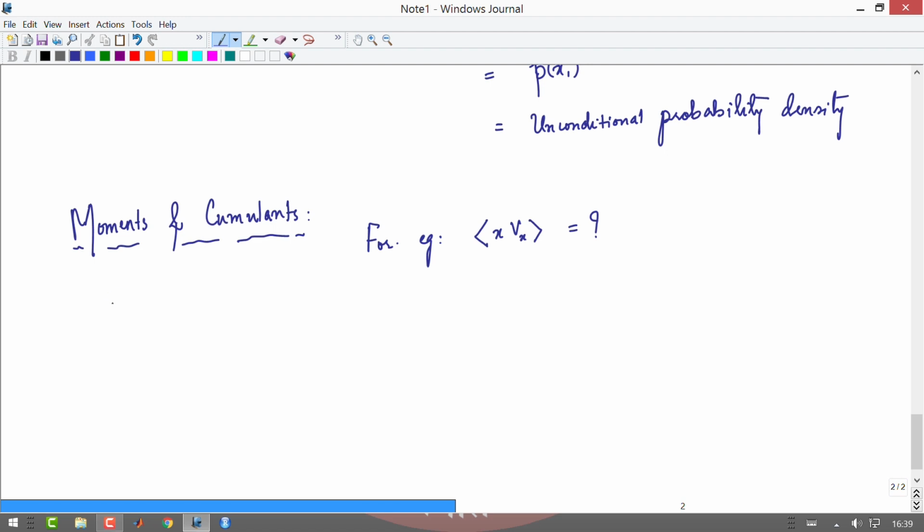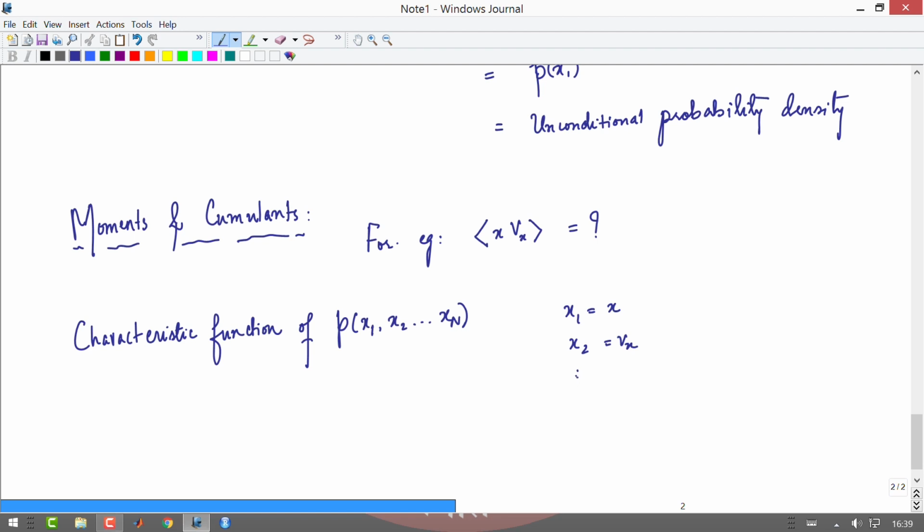Okay. So, let us compute the characteristic function of our multivariable PDF. Now, I could take my x1 as x, x2 as Vx, and all other values of k as 0.